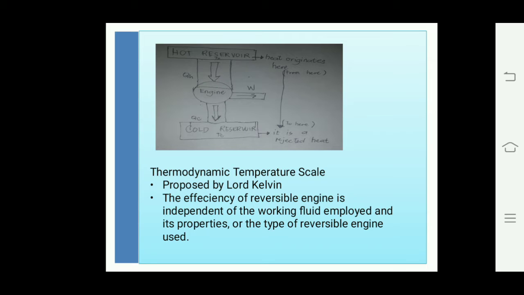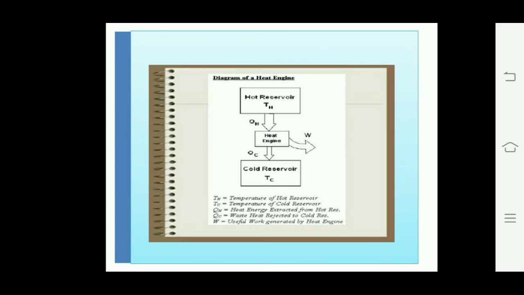So let's take a look back here. We have TH, the temperature of the hot reservoir. These abbreviations will help us in solving the mathematical problems later on. So TH is the temperature of the hot reservoir, TC the temperature of the cold reservoir, QH the heat energy extracted from the hot reservoir, and QC the waste heat rejected to the cold reservoir.